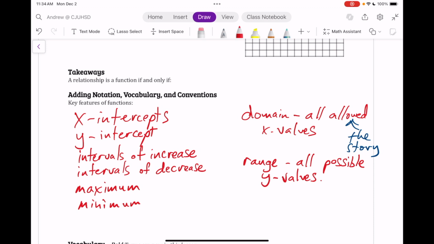So in this case, it would have been the height of the water in the pool. So if you called the surface level of the pool 0, then you couldn't have any positive numbers in the range. And if the pool was, say, 10 feet deep, well, then negative 10 would be the smallest you could go on the y value. So not everything would be allowed in this story.